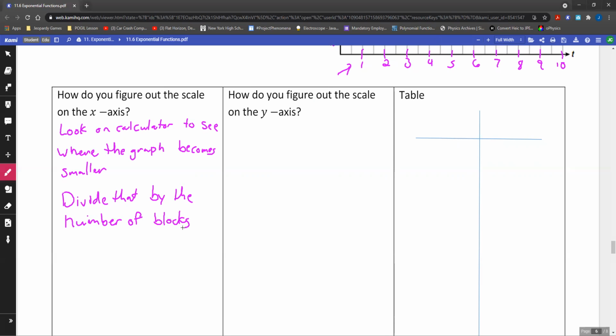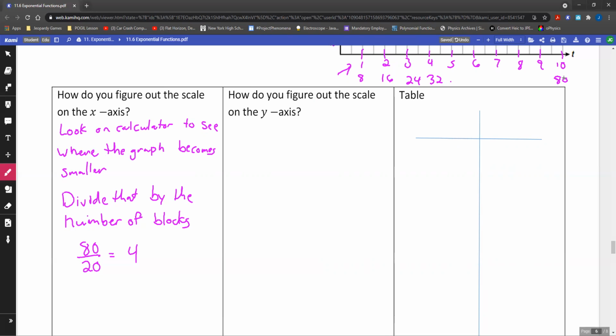If we were doing it the other way, we would have taken the 80 divided by 20 blocks and got that every block should have been 4. So instead of this line being 1, this one really should have been 8, 16, 24, 32, and so on, all the way up to 80.